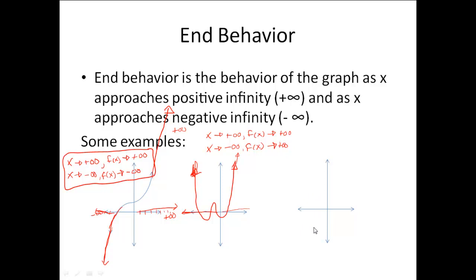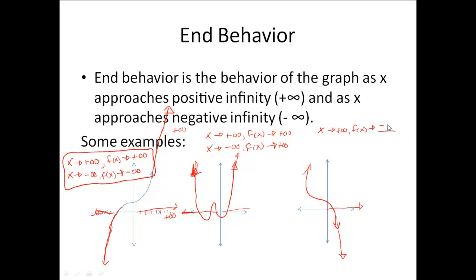Next example, we'll do a cubic shape. And our setup would be as x approaches positive infinity, f of x approaches, and now we have to fill in that blank. So as x goes to the positive side, as we go to the right on x, what happens to my graph? Well, my graph is going downward.